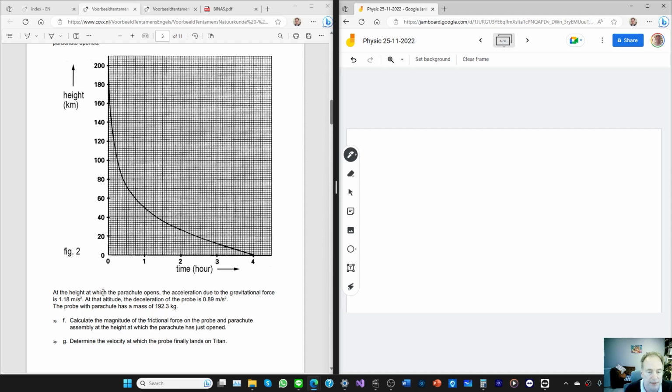So at this height, the probe is actually decelerating. So let's draw that. It is an acceleration in the positive direction. Let's define the surface of Titan as going into the negative direction. It's decelerating, so we have this, and it is given 0.89 meter per second squared.